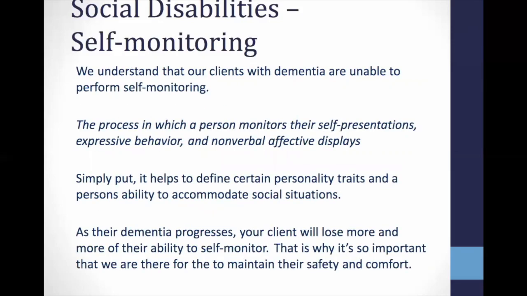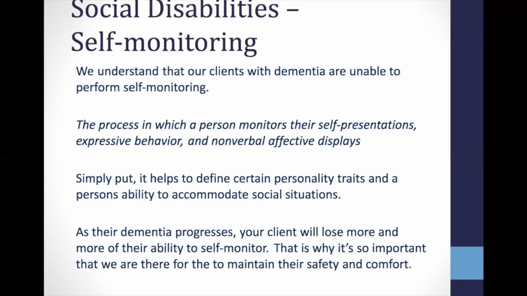Now, self-monitoring is a little different than self-control, right? We understand that our clients with dementia are unable to perform self-monitoring, which is the process in which a person monitors their self-presentations, expressive behavior, and nonverbal affective displays. So simply put, it helps to define certain personality traits and a person's ability to accommodate social situations, which we recognize is really difficult for dementia clients.